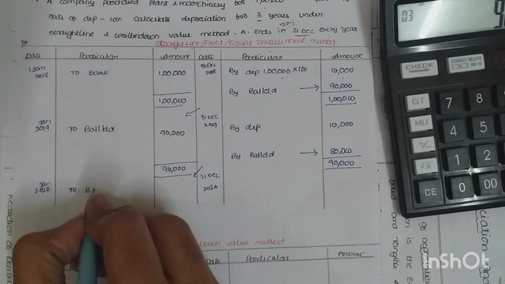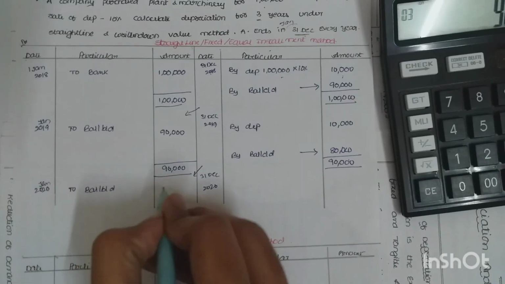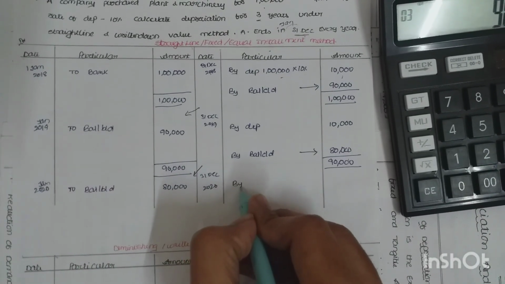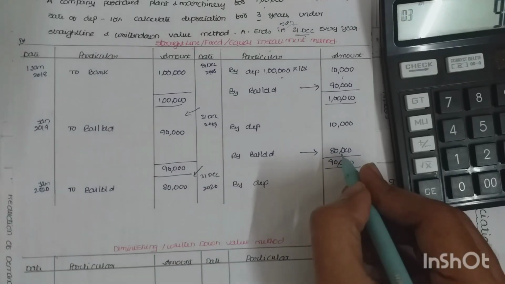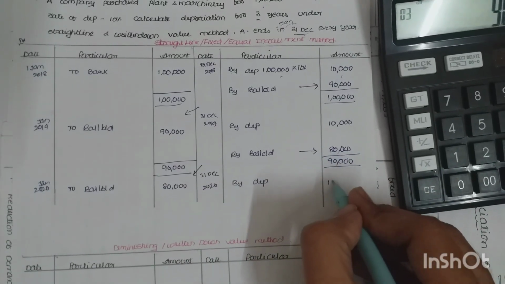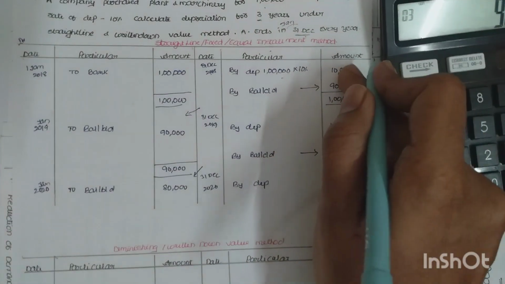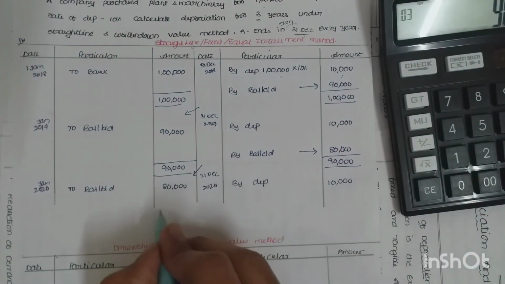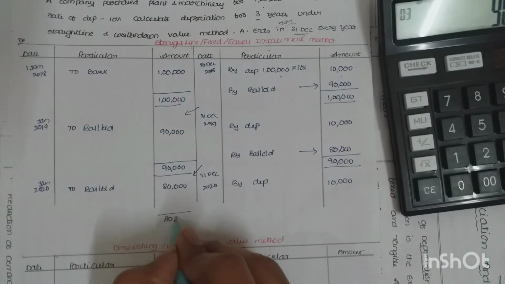To balance brought down, how much? 80,000 is there, right? Next, by depreciation, third year, how much? 10,000. I told you, right? Directly you can write 10,000. Once we have calculated depreciation, next years you can carry the same. So total is how much? 80,000.